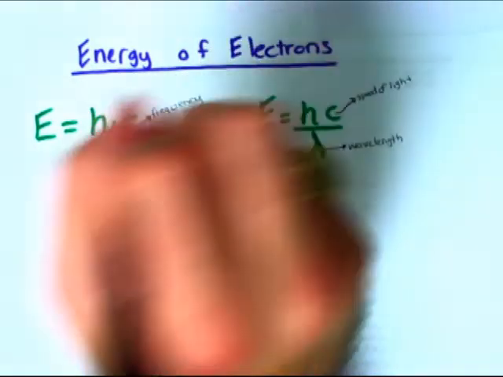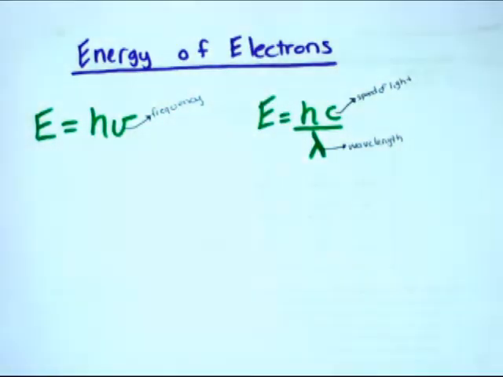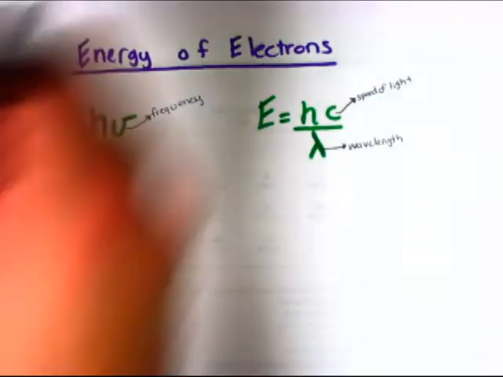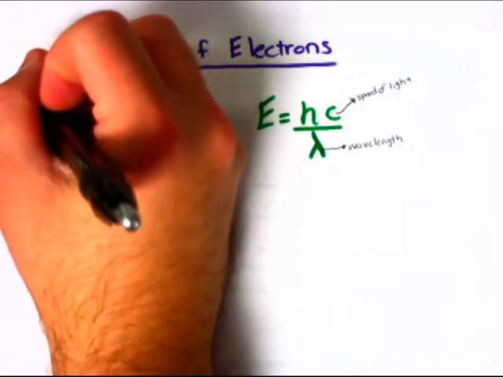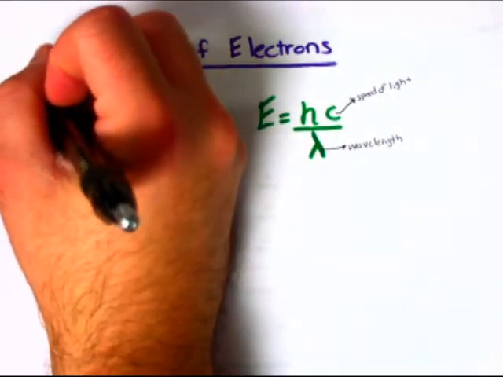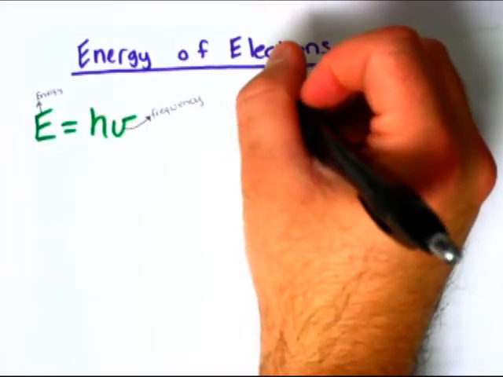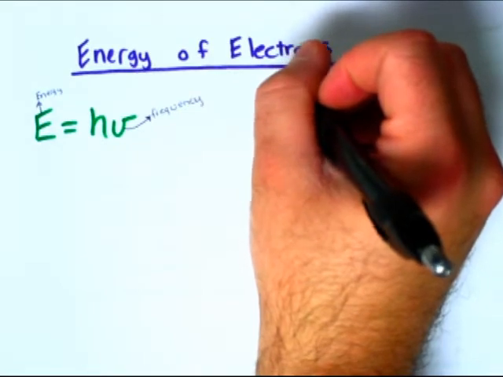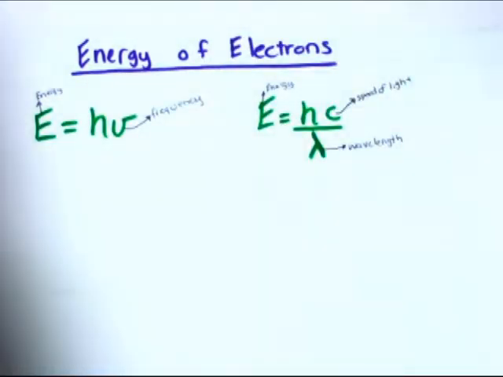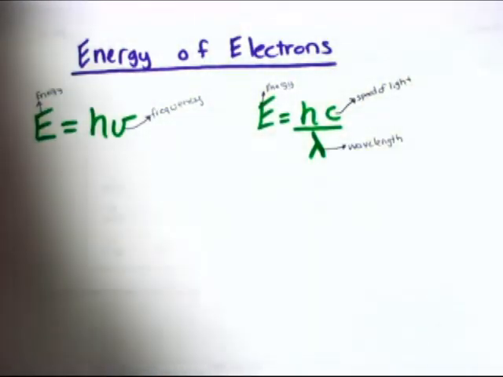Now, based on the title of your notes, what do you suspect your E is standing for? Okay, so E is going to be for energy. And this E is going to be for energy as well. So the only one here that's new, really, is going to be your H.